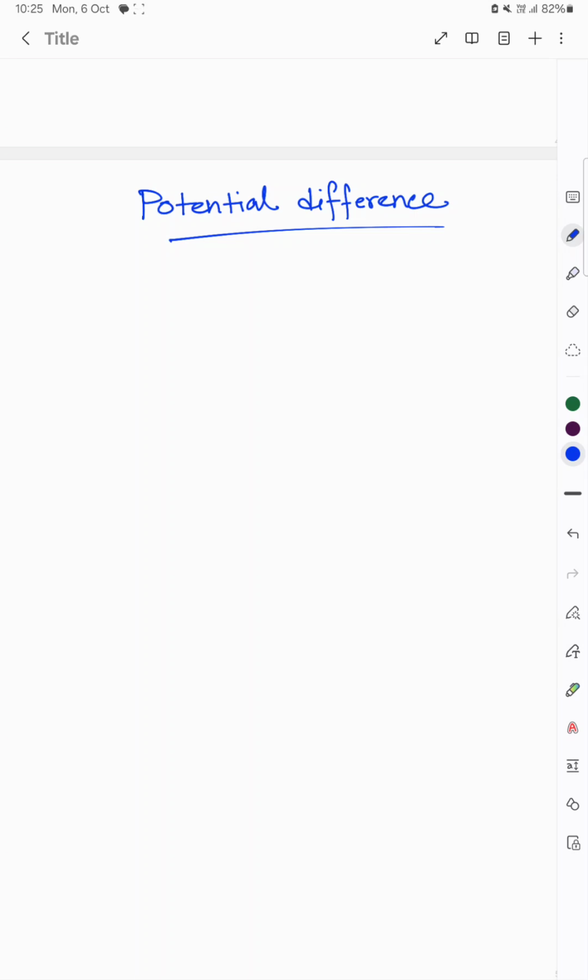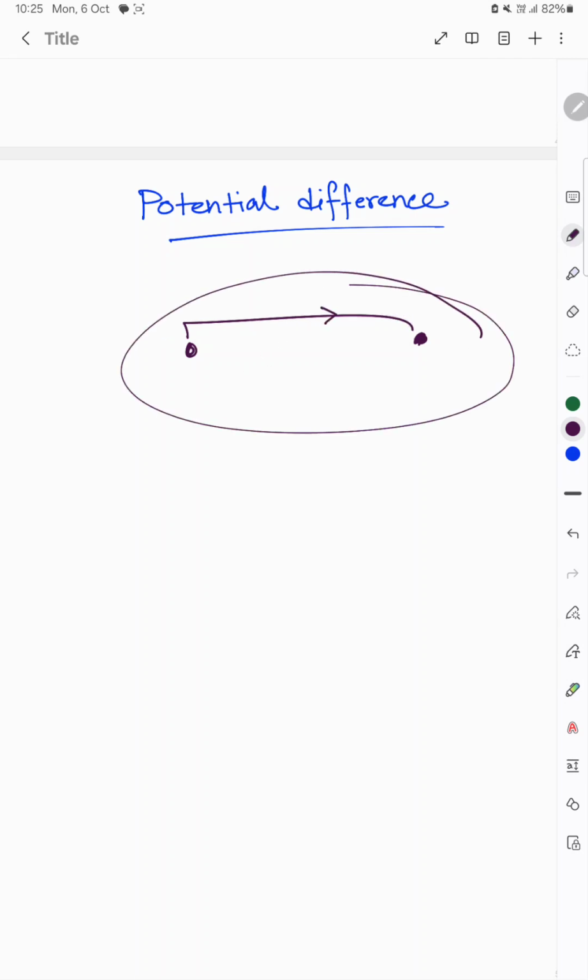But in case of potential difference, we are just concentrating our focus on these 2 points. I have to carry a positive test charge from this point to that point, and that is the potential difference.